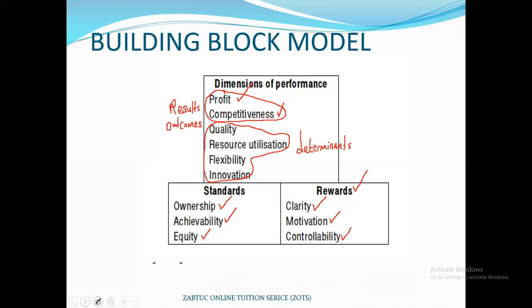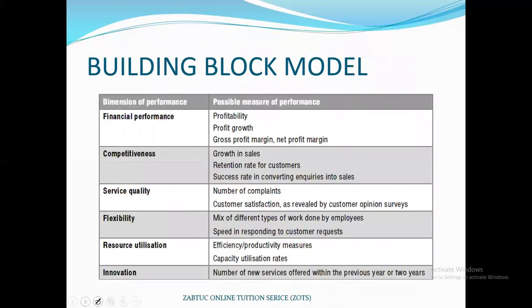Now again, let's look at an example here. We've captured some examples of these areas. Financial performance. What are some of the possible measures?